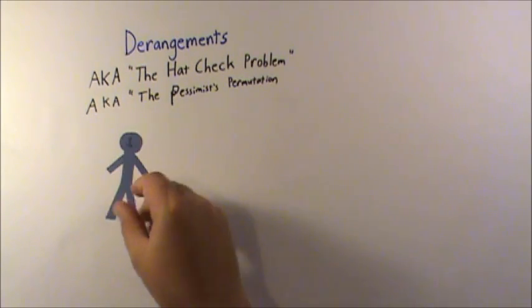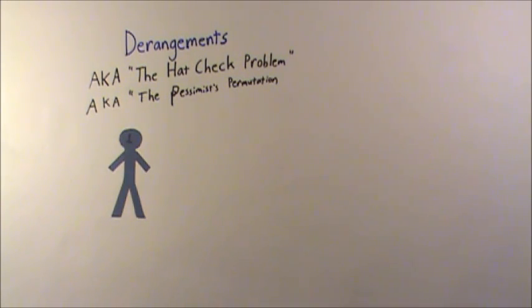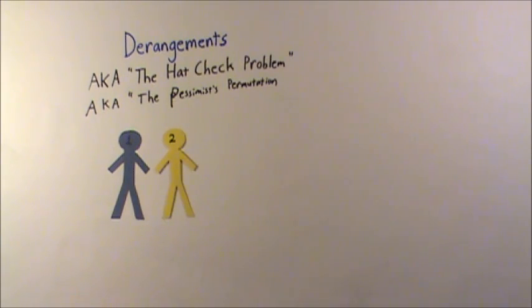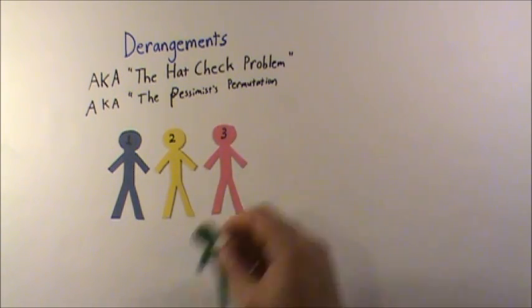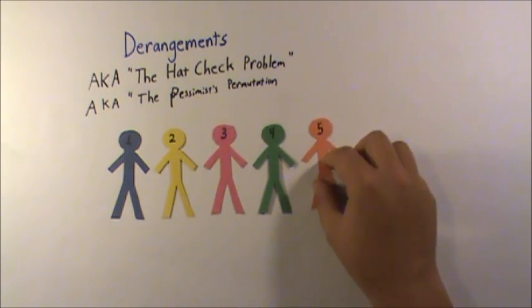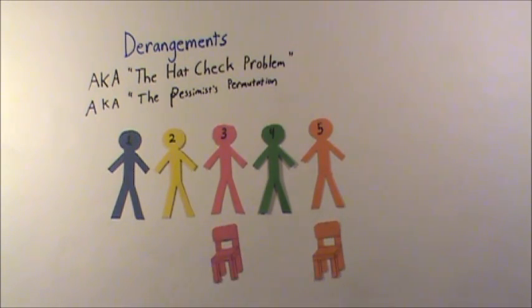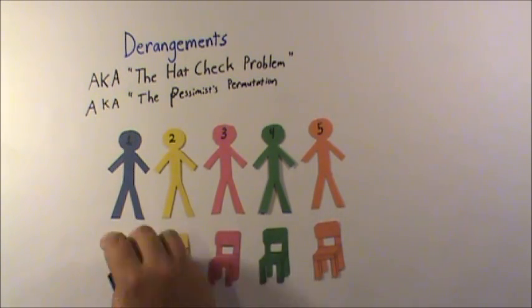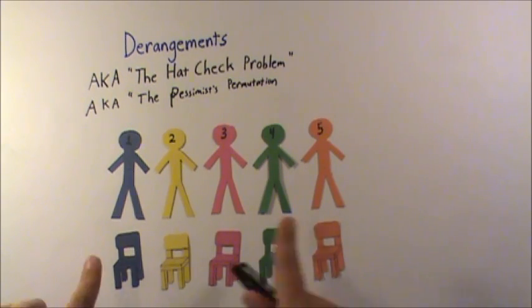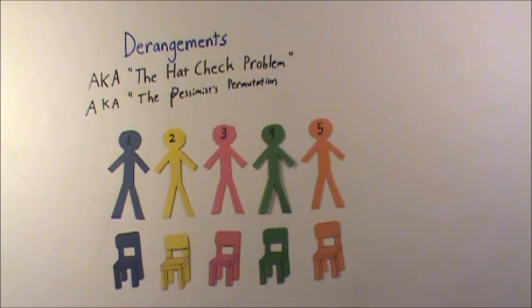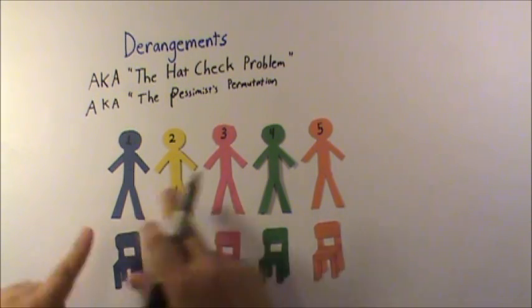It starts as so many combinatorics problems do, with 5 people in a line. Now a totally reasonable question one could ask is, how many ways can we arrange these 5 people in these 5 chairs? Well, that's just how many ways can you put these 5 people in a line. Each of these arrangements is called a permutation.